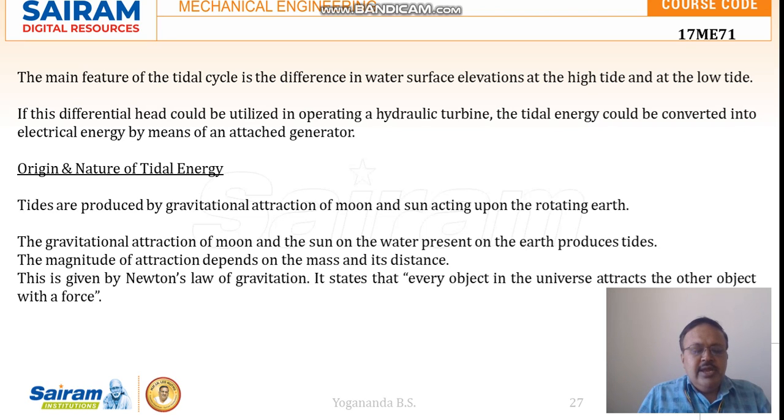The magnitude of the attraction depends on the mass and the distance, which is given by Newton's law of gravitation. Newton's law of gravitation states that every object in the universe is attracted to every other object with a force.